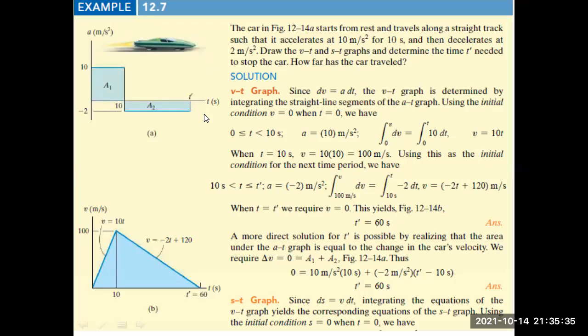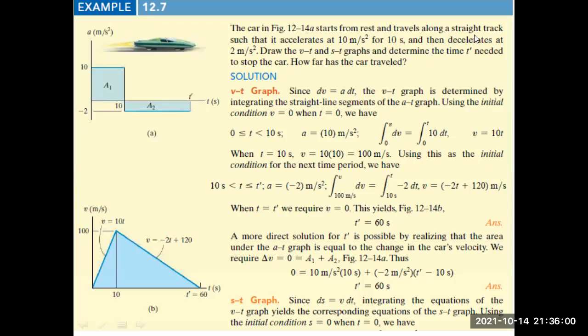And then the car starts to decelerate somewhere when the time is equal to 10. All of a sudden it goes to -2. And then it keeps on decelerating at a constant rate until it stops.